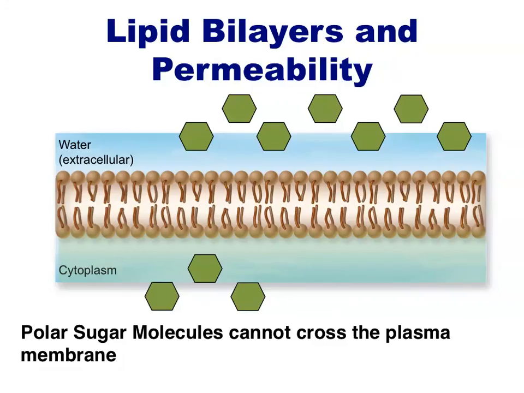For the first example, let's look at the movement of some monosaccharides or simple sugar molecules. These molecules, depicted by green hexagons, are polar molecules, and they're too large and too polar to cross the membrane by themselves. They require a protein to form a gate or a channel for them to cross.